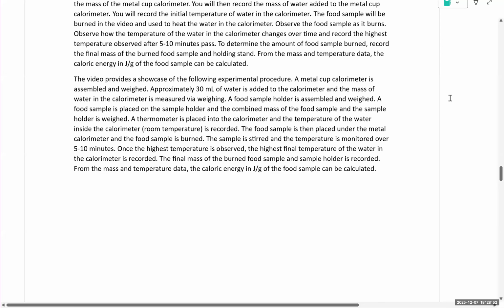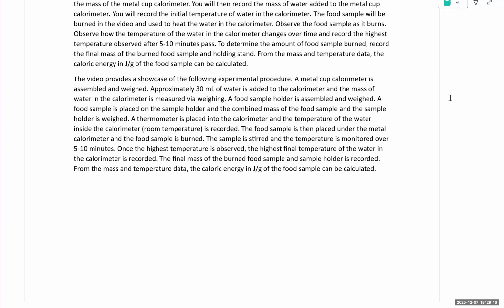So this video provides a showcase of the experimental procedure in which a metal cup calorimeter is assembled and weighed. 30 mL of water is added to the calorimeter, and the mass of water in the calorimeter is measured via weighing. A food sample holder is assembled and weighed. A food sample is placed in the sample holder, and the combined mass of the food sample and the sample holder is weighed.